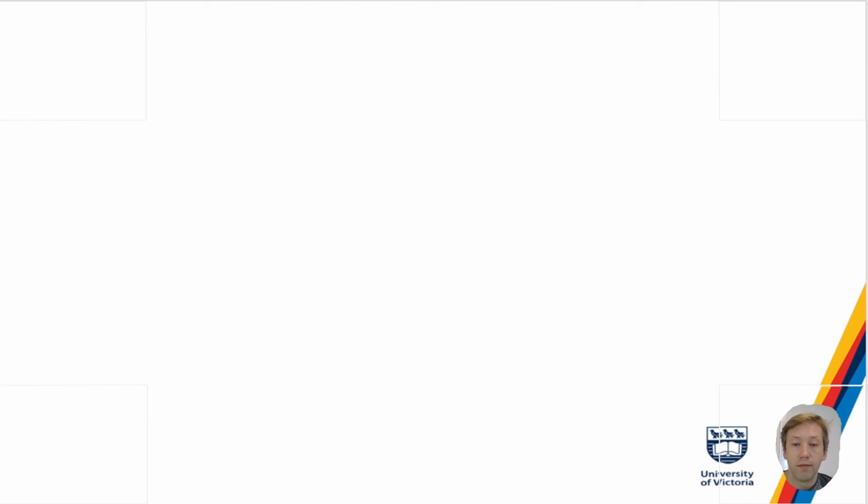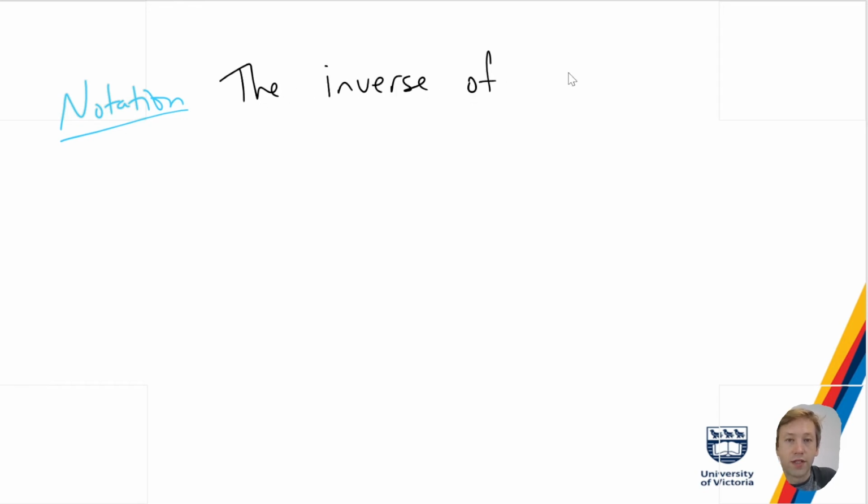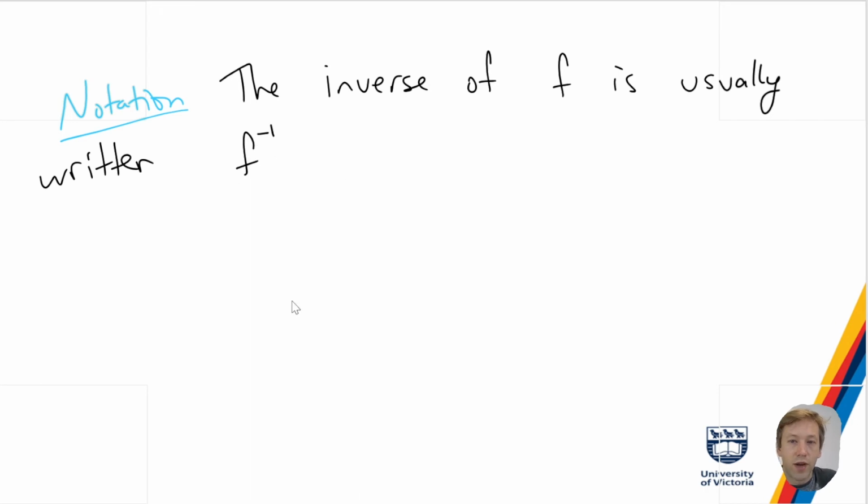Just a little bit of discussion of notation. Often we write inverses. The inverse of a function f, if it exists, is usually written as f with a -1 up here.